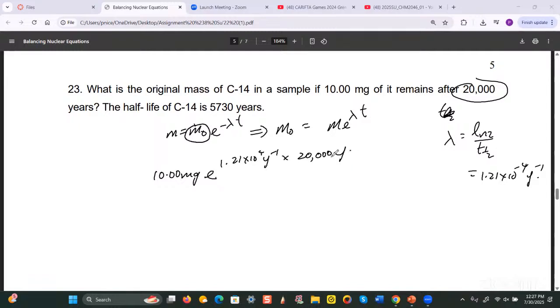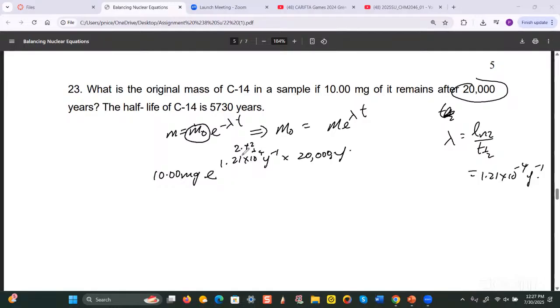All right. So again, I'm going to assume that is, in this case, 5 sig figs. So let's see what this gives. 20,000 times 1.21 times 10 to the minus 4. So this part here works out to 2.42.